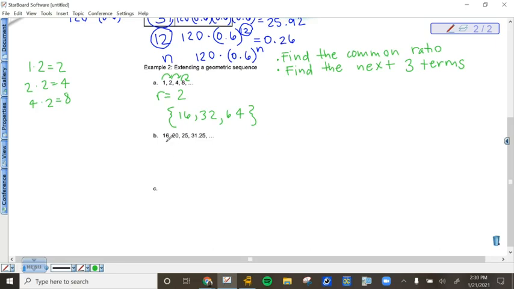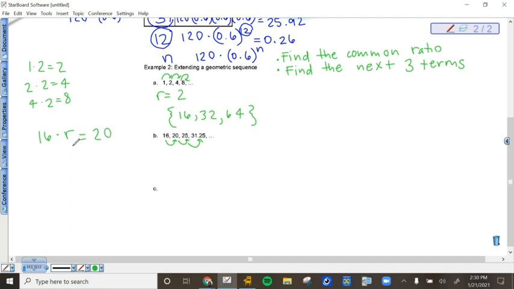All right, now this one's not quite so easy. 16 times what equals 20? 20 times what equals 25? 25 times what equals 31.25? So I'm going to show you a way to figure out what our common ratio is. I'm trying to figure out 16 times our common ratio R equals 20.